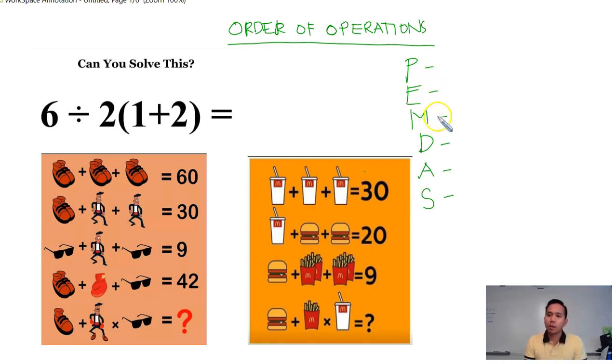Your P stands for parenthesis. Your X stands for exponent. Your M is multiplication.